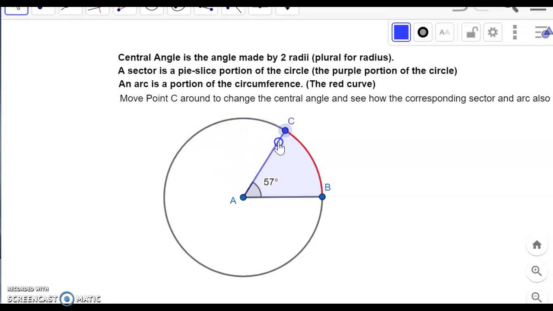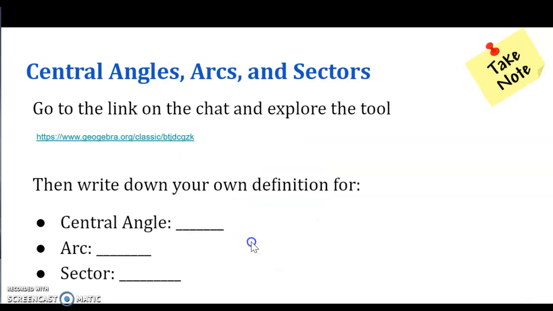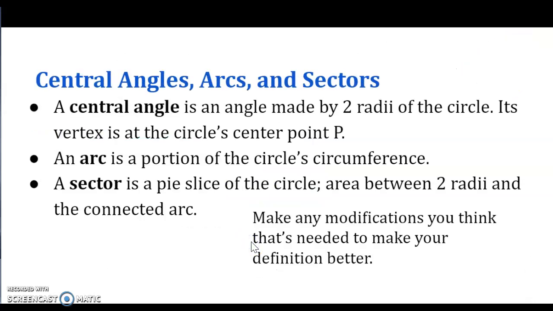It changes according to the central angle. The shaded sector area also changes as well. So I'll show you my definition of central angles, arcs, and sectors. If you need to modify your definition to make it fuller, please add any additional information.